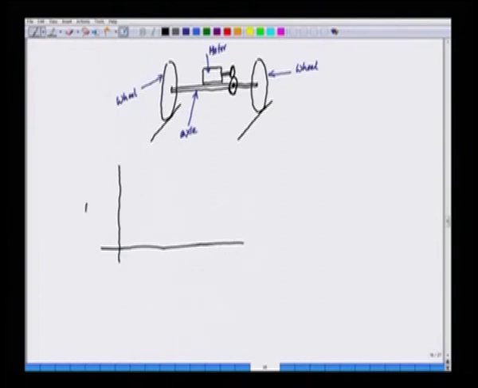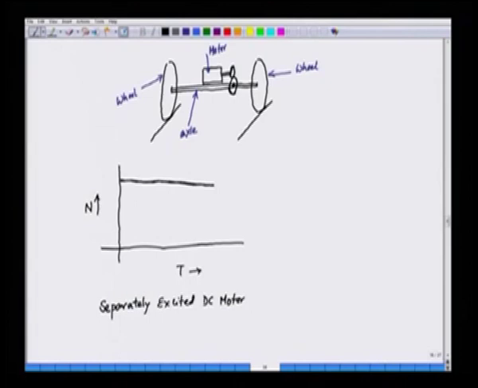So, we have the speed in the y axis and torque in the x axis. Now, this is for separately excited DC motor. So, the torque speed characteristic is drooping like this. So, it is a straight line, but it is drooping in this following fashion.